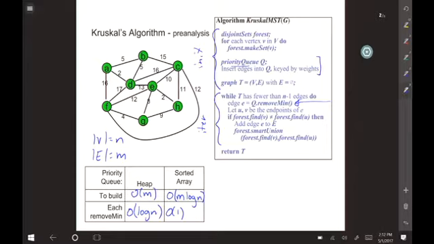What? Log n? Oh, shoot. Should it? Because there are m items there, right? Well, let's do a little detective work here first.